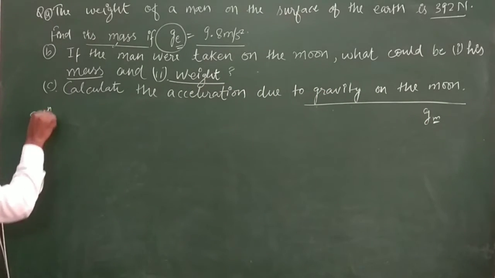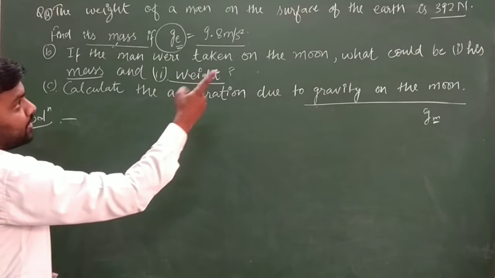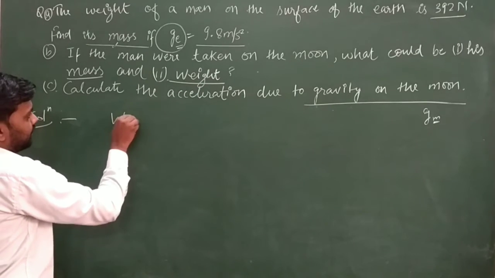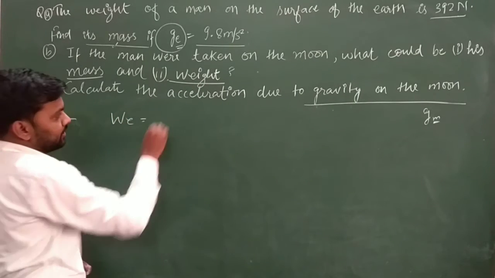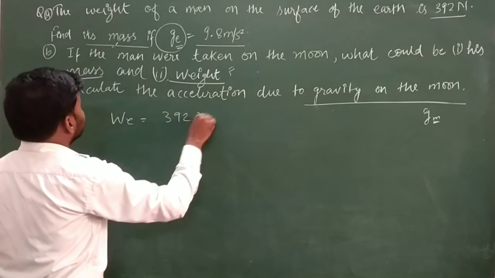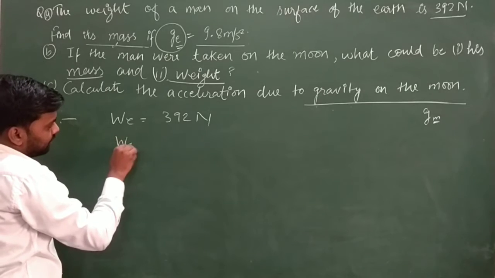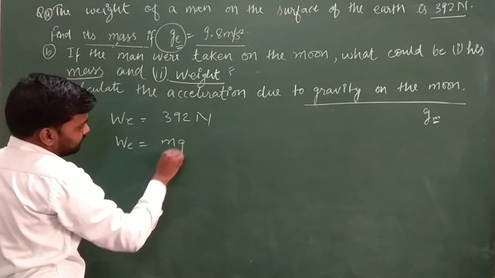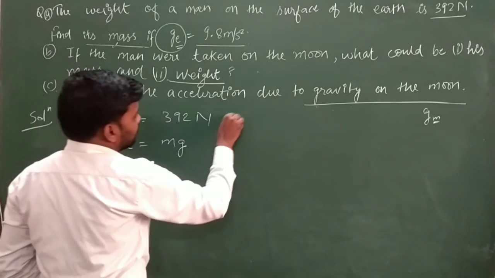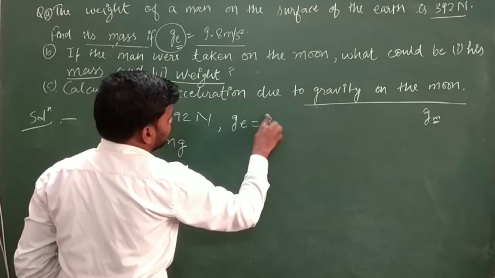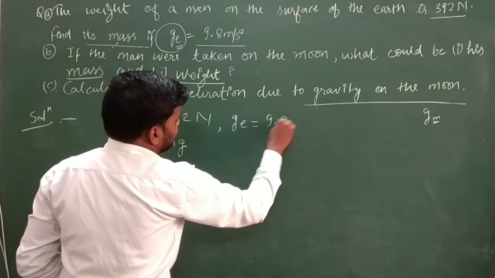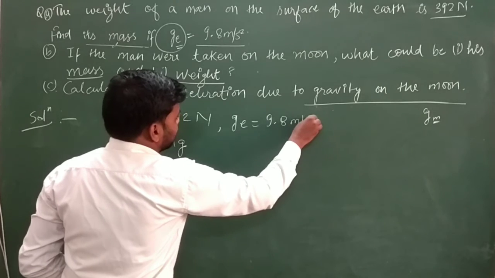So first, it is given that weight on the surface of the earth, that is weight on E, that is earth, is 392 Newton. So find its mass. We know that weight is equal to mg and the value of g_e is also given, that is 9.8 meter per second square.